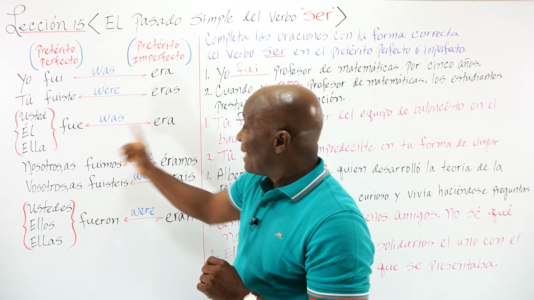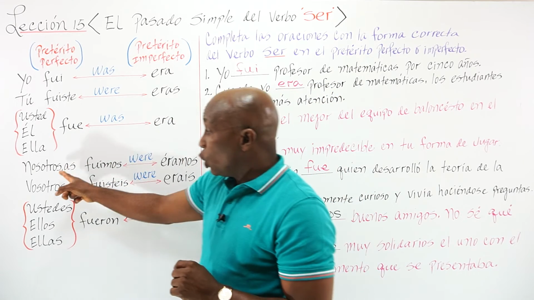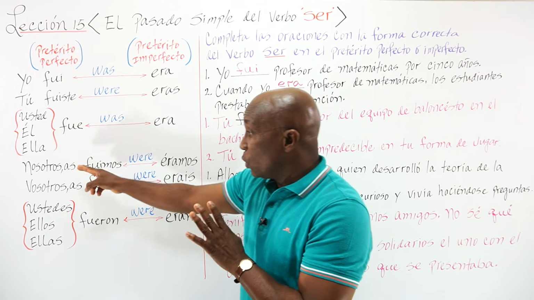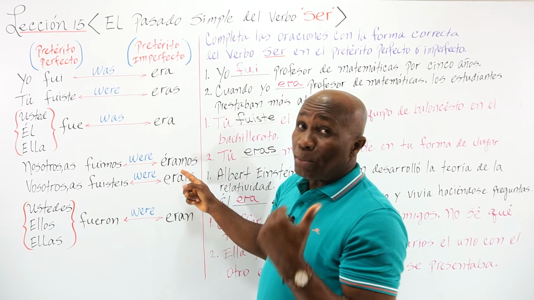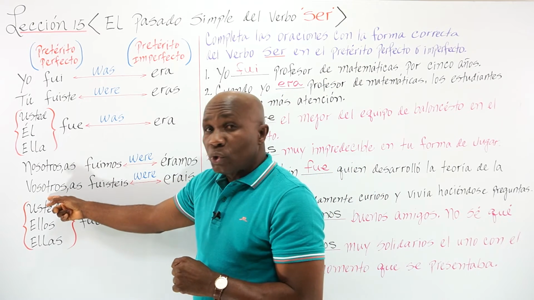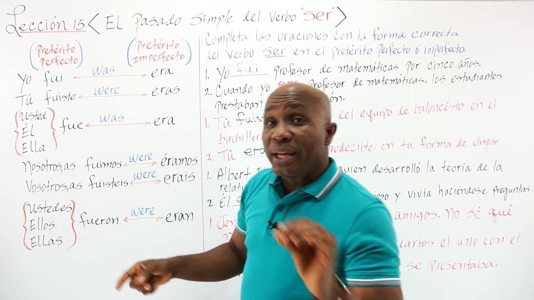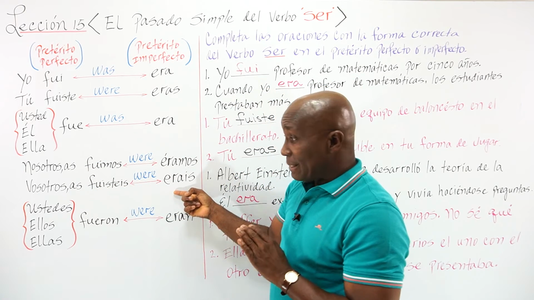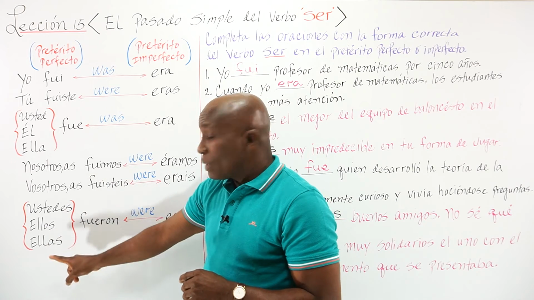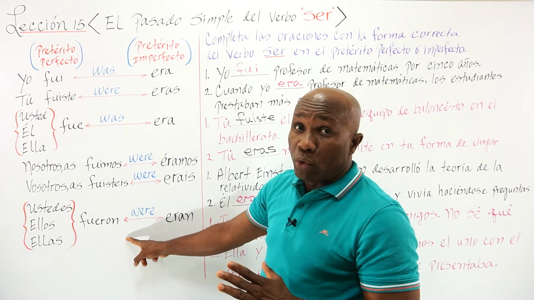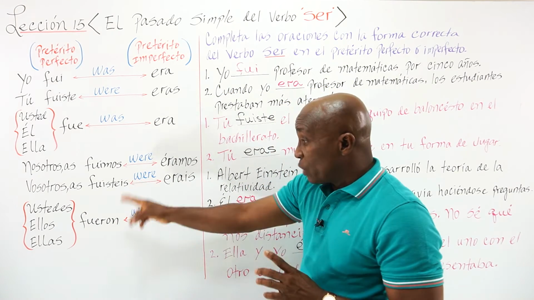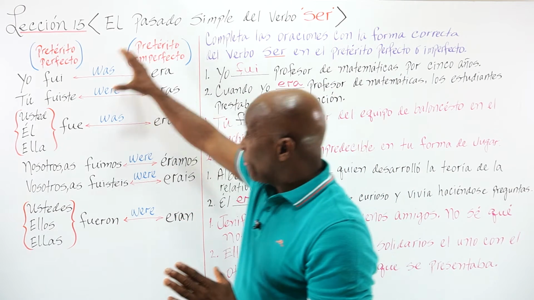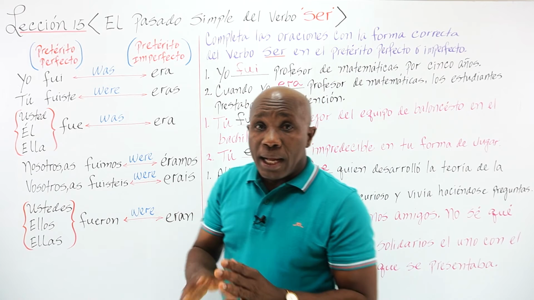Usted, él, ella era. Nosotros, nosotras fuimos. Nosotros, nosotras éramos. Vosotros, vosotras fuisteis. Vosotros, vosotras erais. Ustedes, ellos, ellas fueron. Ustedes, ellos, ellas eran.